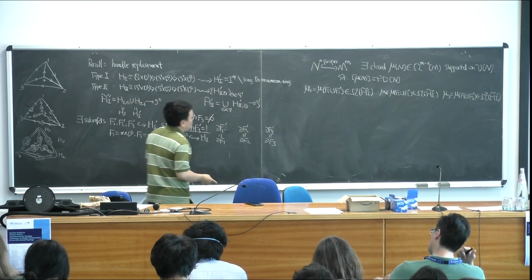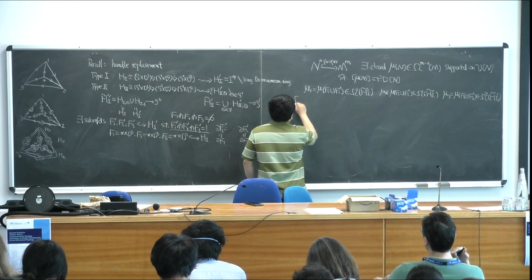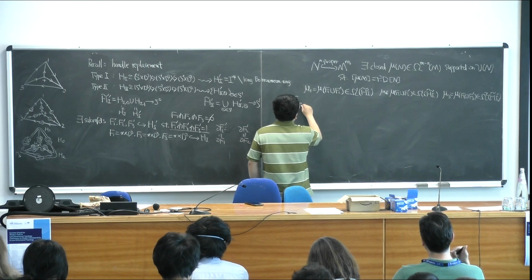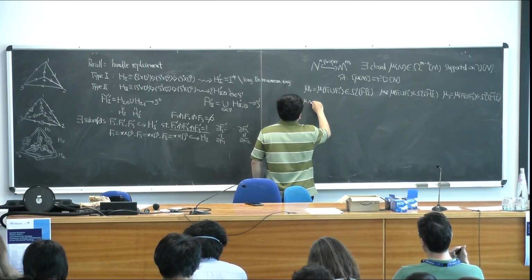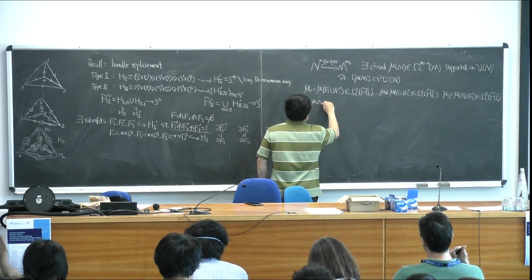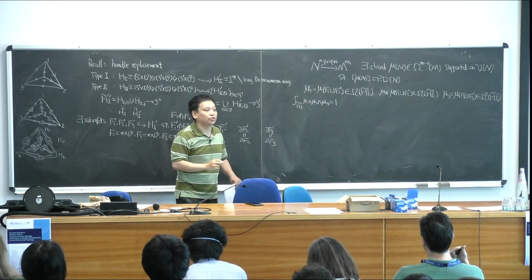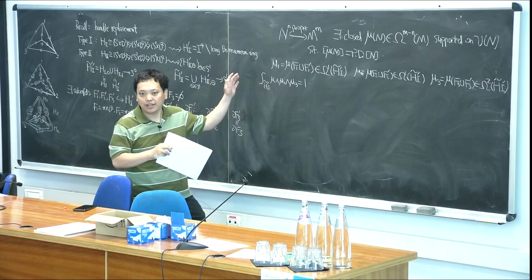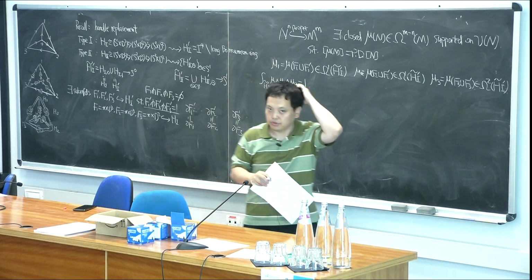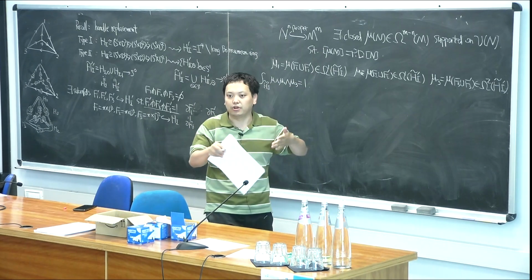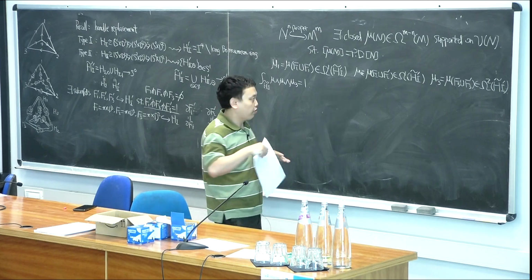So from this you translate, and what we get is the following: the integral of mu1 wedge mu2 wedge mu3 equals 1. This will be crucial in our calculation. The integration of these three forms just equals 1 because the triple intersection number of these three submanifolds equals 1.